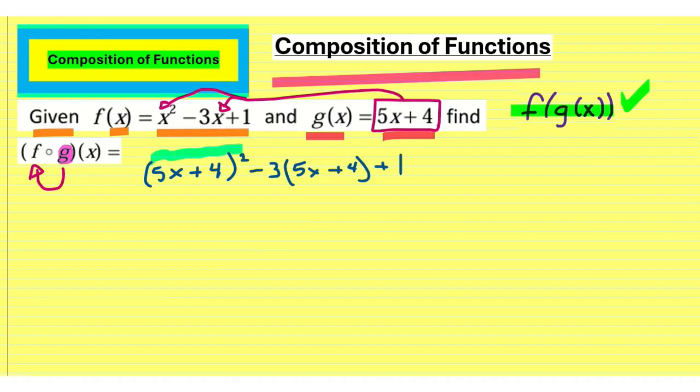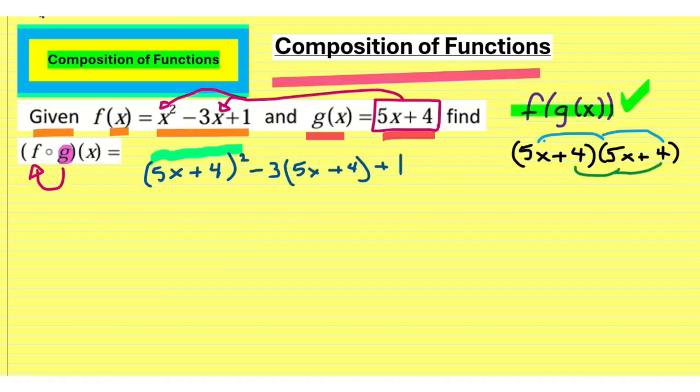So we're going to do that over to the side just so we've got a little bit of room to work. So I got 5x plus 4 squared is equal to 5x plus 4 times 5x plus 4. Okay, so I'm going to distribute that 5 to both of these terms, and then I will distribute the 4 to both of these terms.